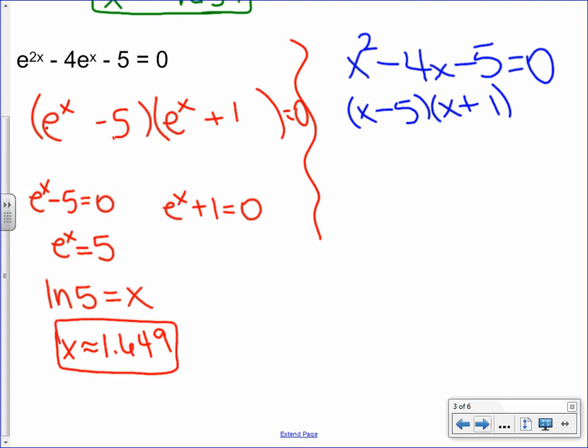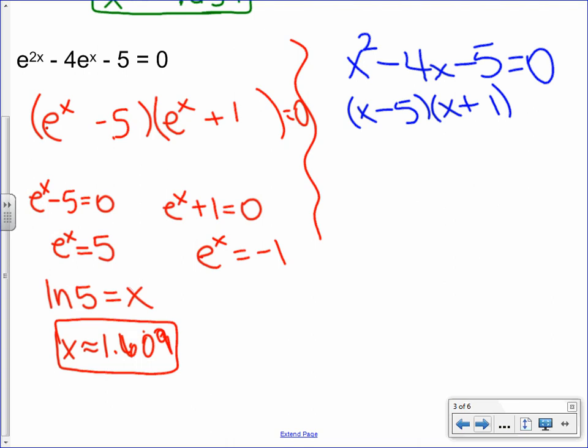Okay. Over here, we have e to the x plus 1 equals 0, which means e to the x equals negative 1. Which means what? Oh, I'm sorry, I misheard.